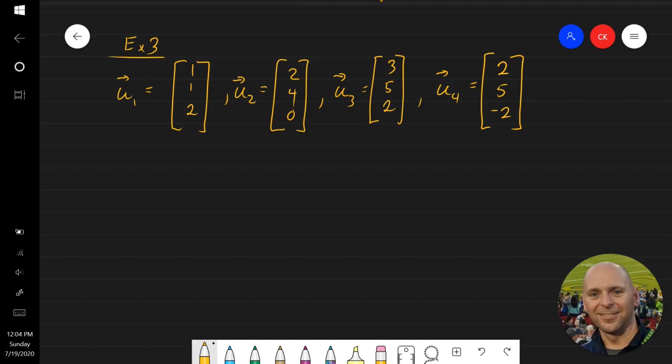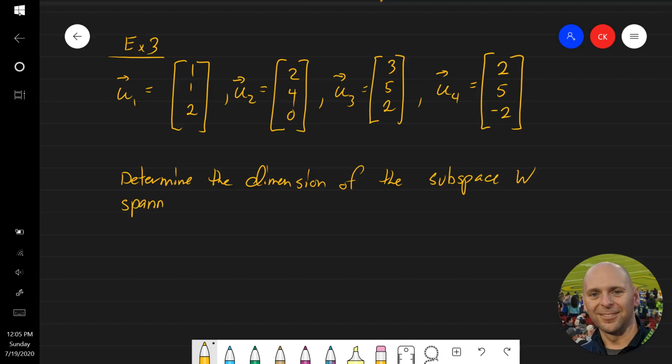Now what we want to do in this one is determine the dimension of the subspace W that's spanned by this set.